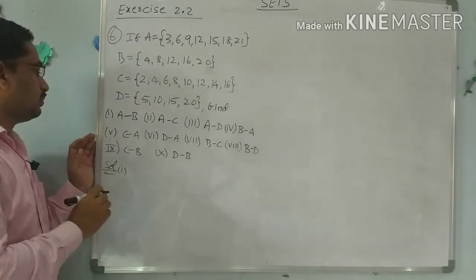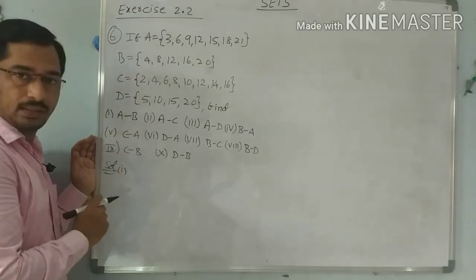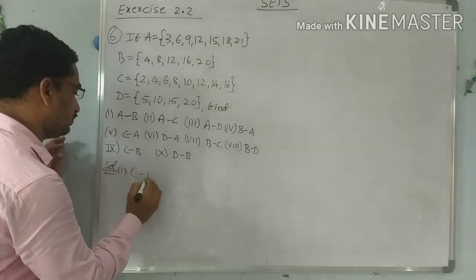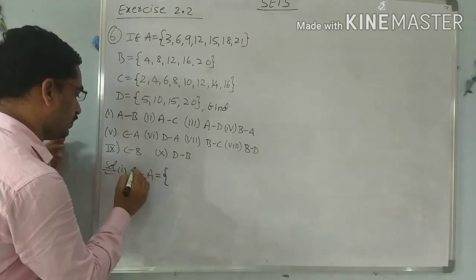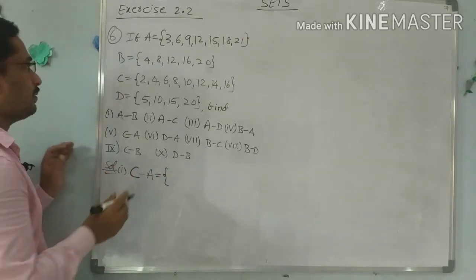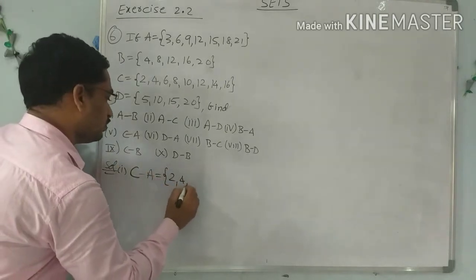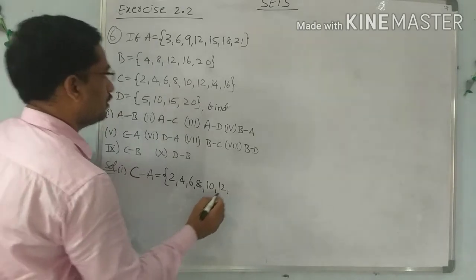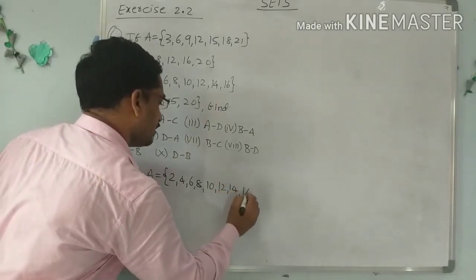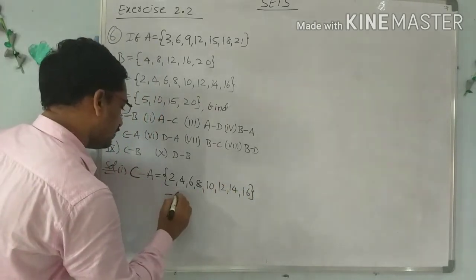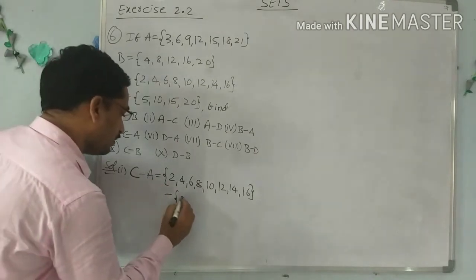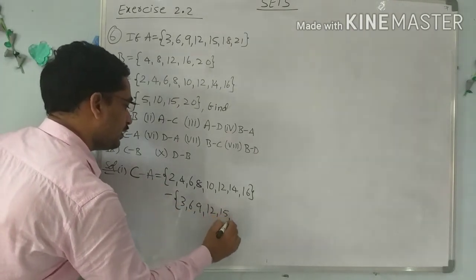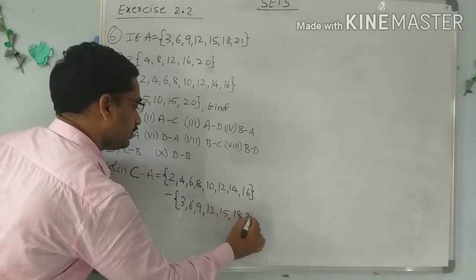Now next, the fifth problem, C minus A. Write the elements of C: 2, 4, 6, 8, 10, 12, 14, 16, minus the elements of A: 3, 6, 9, 12, 15, 18, 21.